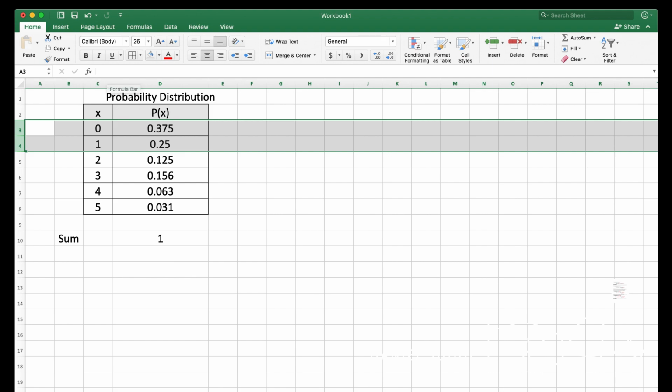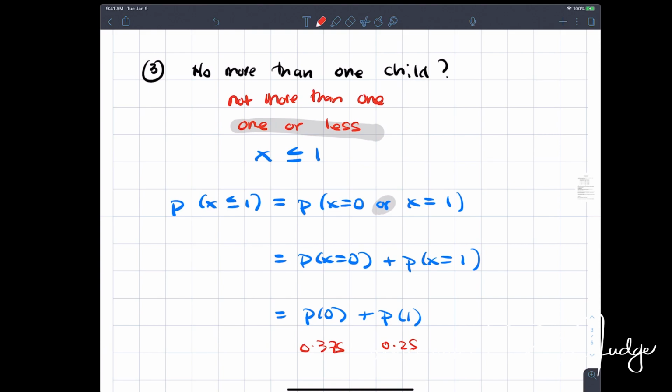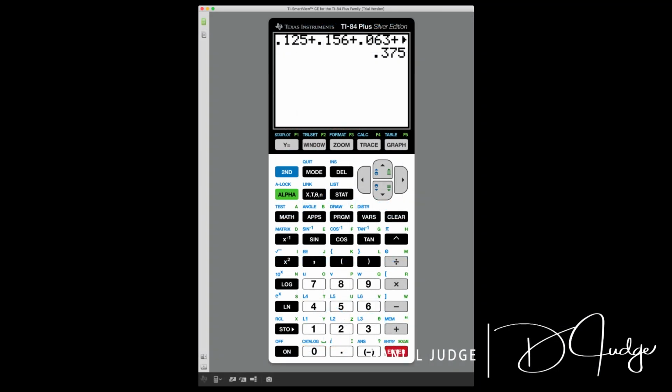So let's add these values now. 0.375 plus 0.25 here. Double check. It looks like we get 0.625.